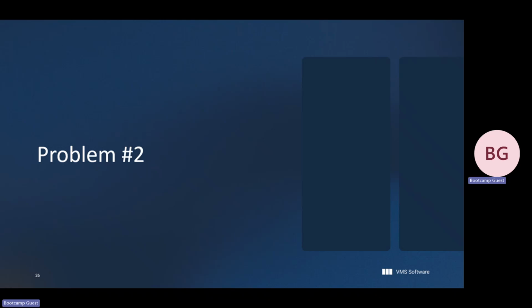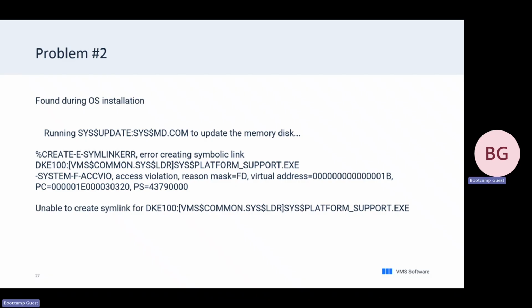Okay, so then this problem was found during OS installation. While updating the memory disk, there was again an access violation. The virtual addresses had some number inside, and the PC is strange.